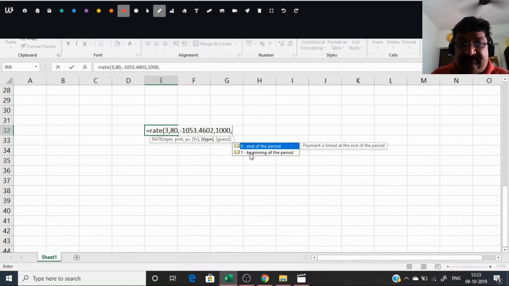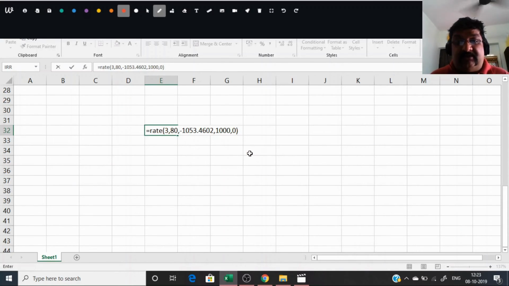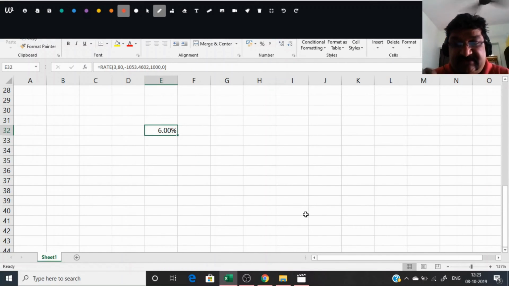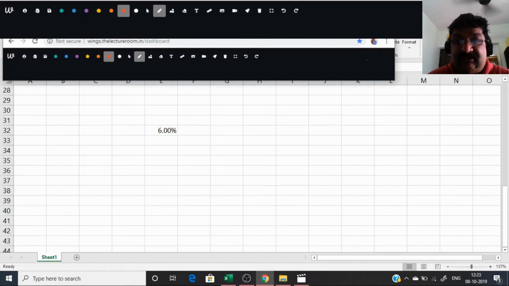For the type we will write 0, because type 0 basically suggests that the bond makes coupon payments at the end of every period, and you will see that you get back the same yield to maturity, which is 6%, which tells you that the calculated yield to maturity was absolutely correct.